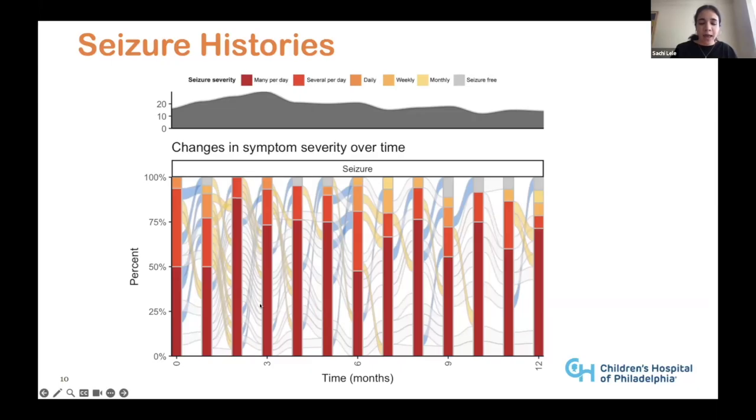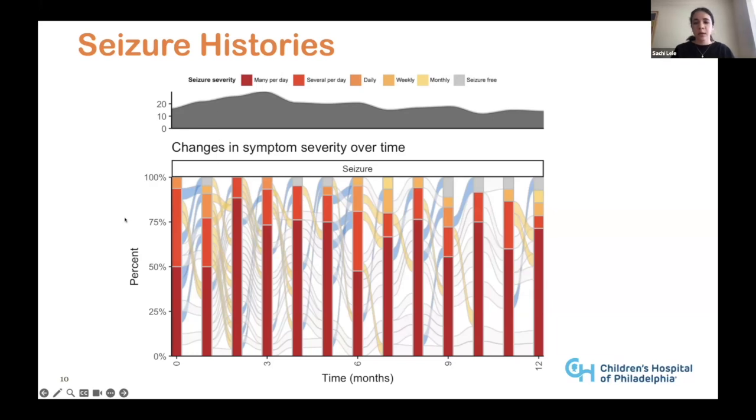There's a lot of dark red. This means that many individuals experience over 5 seizures per day. The blue lines show a reduction in seizure severity. The yellow lines show an increase in seizure severity, and the gray lines show a maintenance in seizure severity. And then the plot above indicates the number of individuals and their seizure histories per that given month.